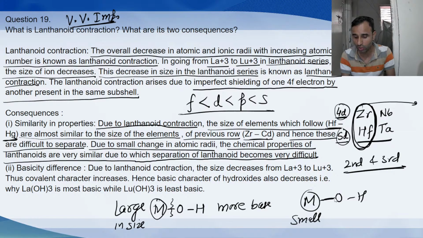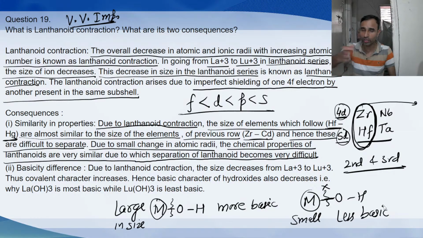This bond becomes strong, so it is difficult to break, so it becomes less basic. That means as we go along the lanthanoid series, size decreases, and that's why the basic character of their hydroxides decreases.